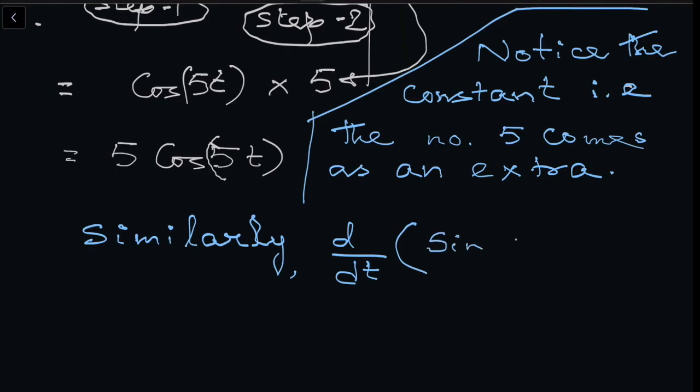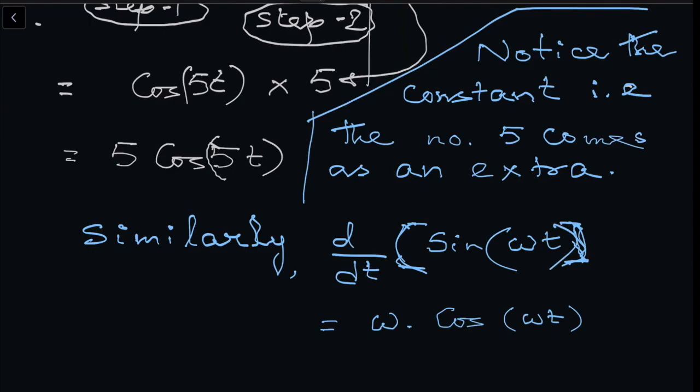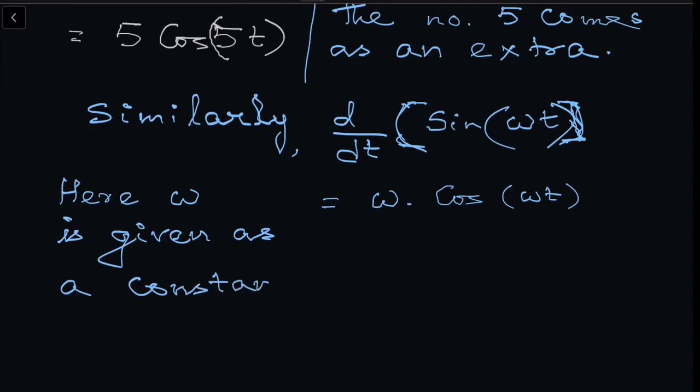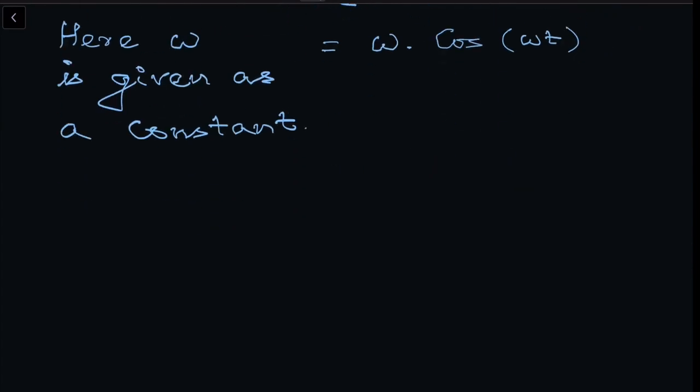Similarly, d/dt of sine omega t, if omega is a constant, becomes omega into cos omega t. Omega comes as an extra. Obviously here omega is given to be a constant. Later we will find this in sound, SHM.